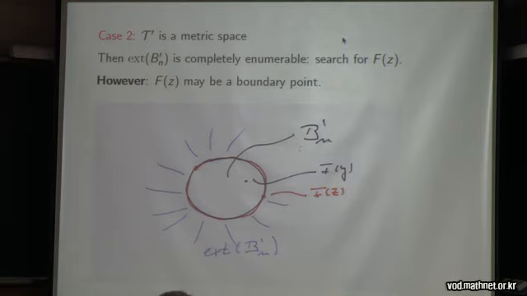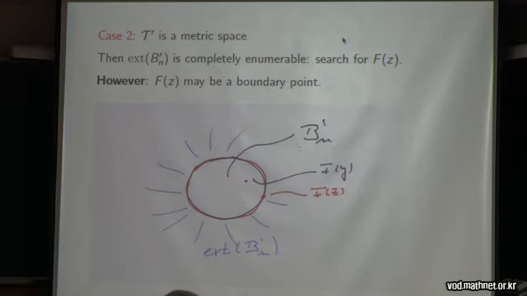What we know by the assumption is that first of all we have some Bn' that contains this f of y, and we know that f of z is not in Bn'. It might be in the exterior, then we would be happy, but in the bad case it's just on the boundary, and then we cannot find it because we can only search inside and outside the ball. We cannot search on the boundary.